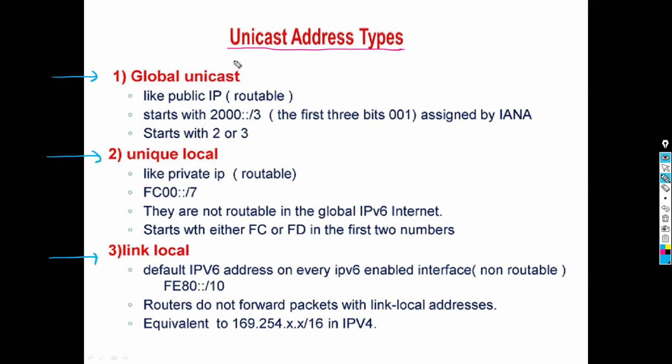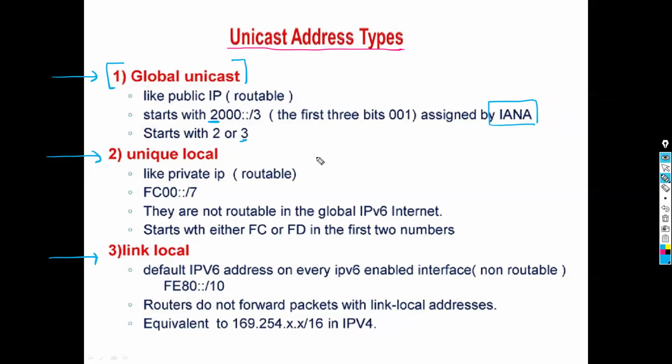What is global unicast address type? What is a global unicast IP address in IP version 6? Your public IP. Your public IP is called global unicast address in IP version 6. Right now, IANA, the Internet Assigned Numbers Authority, is using IP addresses that start with 2000 or 3000.